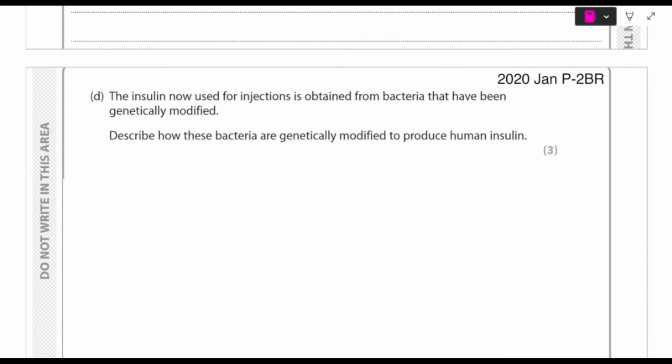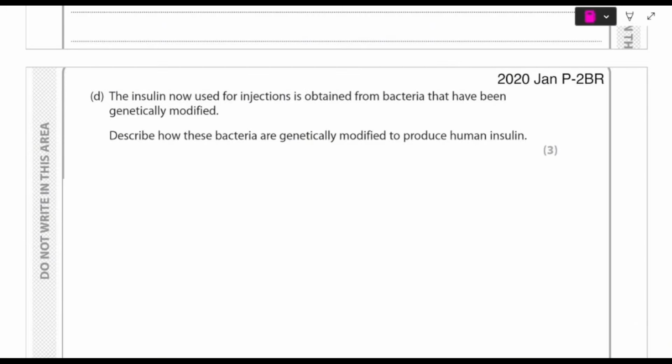An industrial fermenter is used to grow the genetically modified bacteria. Explain why the fermenter is cleaned using steam before genetically modified bacteria are added. So steam has a very high temperature, so it is used to sterilize the fermenter by killing other microorganisms which may increase the competition.